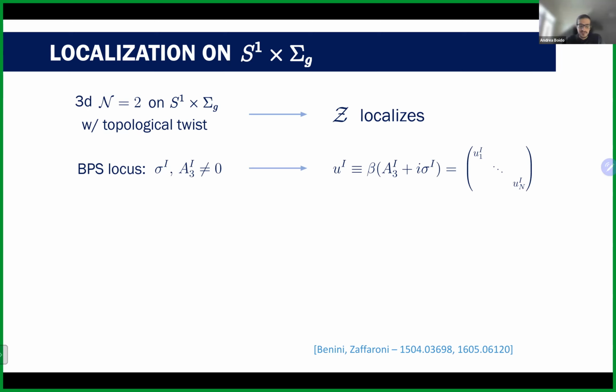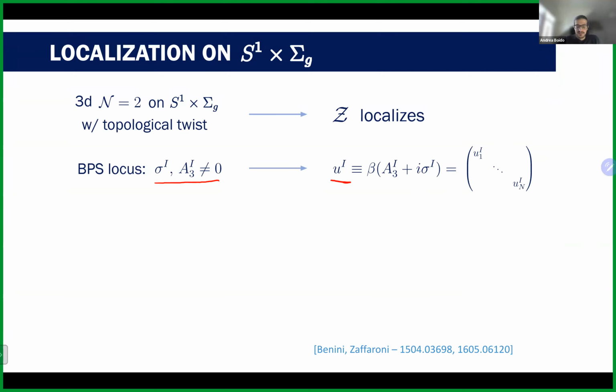What's important for us is that in the BPS locus, the sigma I, which are the scalars in the vector multiplet, and also the component of the gauge fields along the S1 are not vanishing. In particular, it's convenient to repack them into this UI that I wrote here.